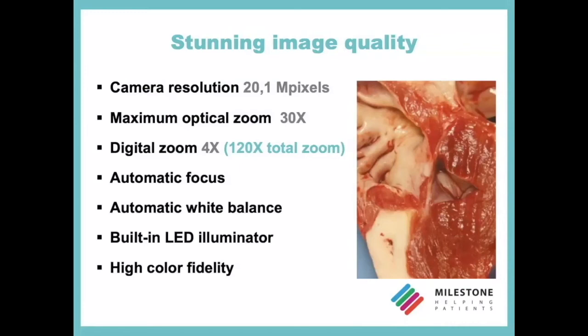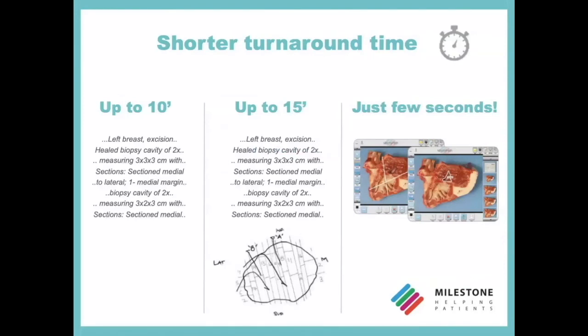Quality is always Milestone's priority, and MacroPath combines a very high resolution with an extremely high optical and digital zoom, with an extreme focus on light and color fidelity of the images. And it is a productivity tool because it provides a significantly shorter turnaround time for each case and time saving in sample description. Therefore, it is possible to save an important amount of hours of labor every week.